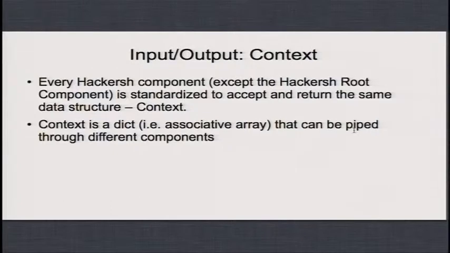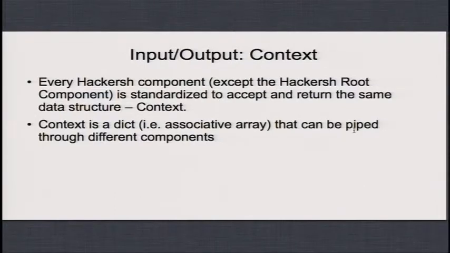So as I said, one of the automagic things that happens in HackerShell is the context. Basically, each component, when it's executing the application, whether it's internal or external, the output is a context, which is basically a metadata structure, a very abstract one, which I'm using a dictionary, an associative array, to represent.